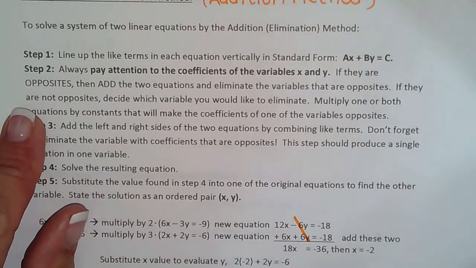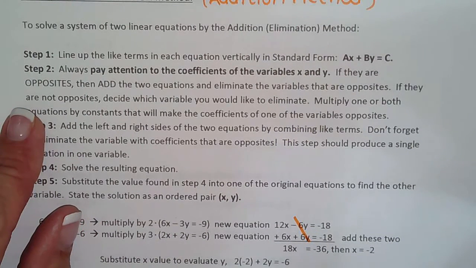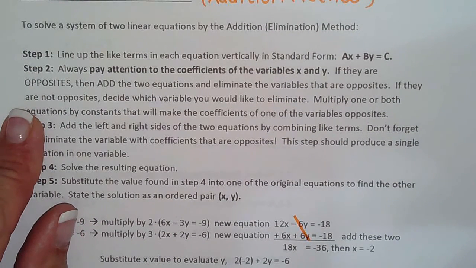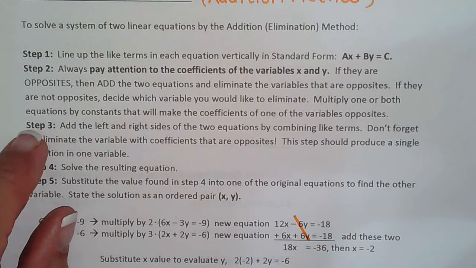But sometimes they're not going to be opposites. So we have to pick a variable we want to eliminate. I almost always just use the x just because it's first and it's easy, but it doesn't matter. And then we have to multiply one or both equations by something that will make the variables opposites. And I know here in words it doesn't make a lot of sense, but you'll see it in play here in a moment.